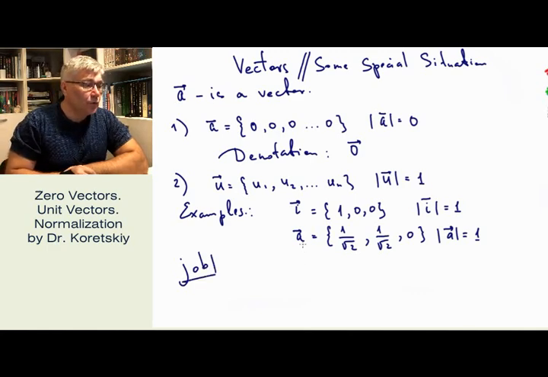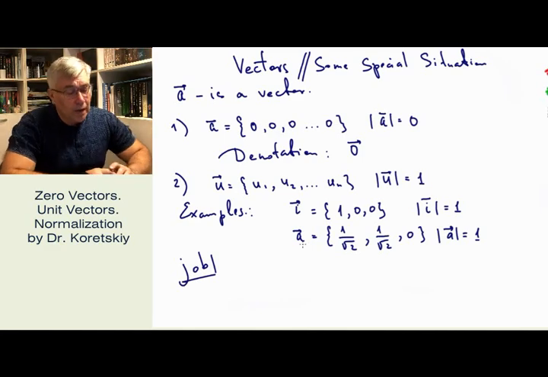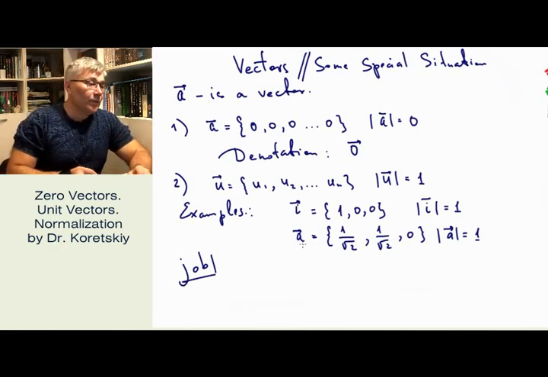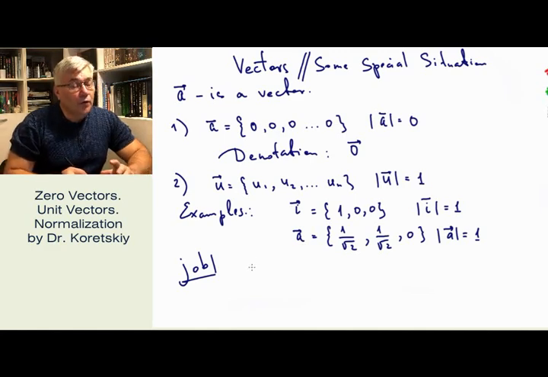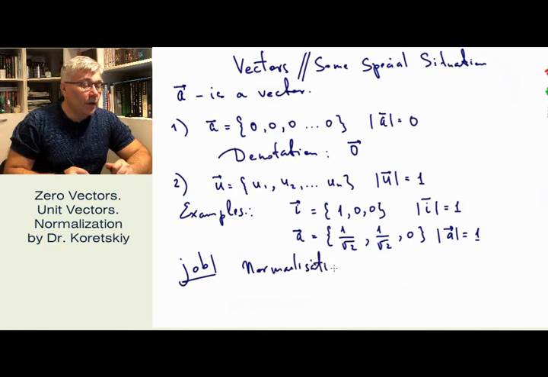Sometimes you have a job like this: you have a vector and you have to define a unit vector along the given one. This operation is known as normalization.